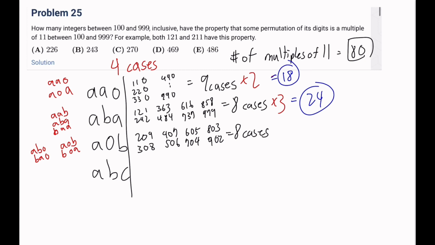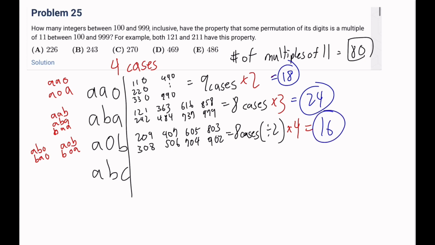Sorry, this is not 8 cases, because each number and its reverse are equal, so we have 8 cases divided by 2, because half of it is the same as the other half. And then we multiply by 4, which is 4 times 4, which is 16.